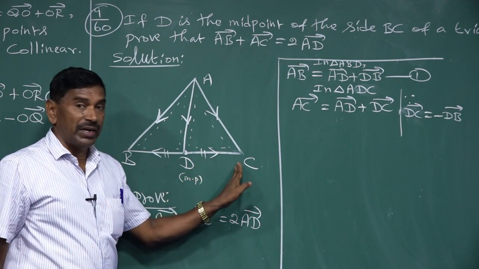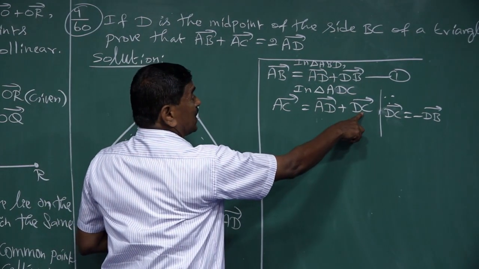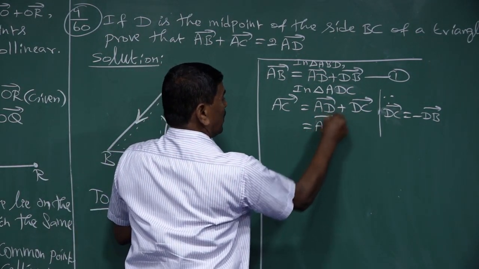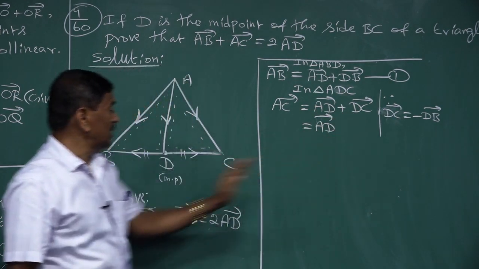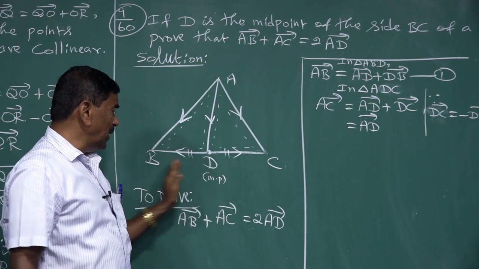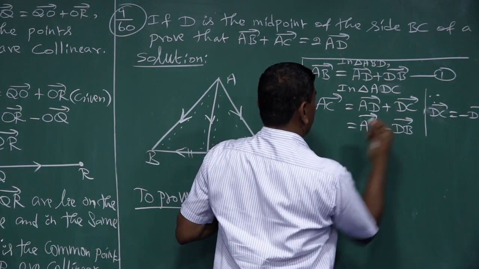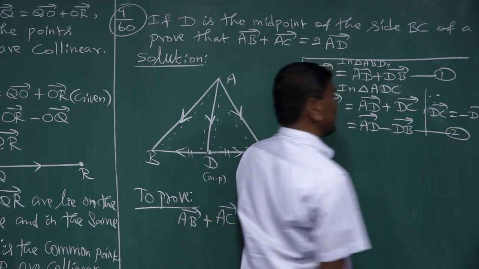Therefore, DC vector is equal to minus DB vector. So write AC vector equal to AD vector plus DC vector, which is AD vector, as it is, plus minus DB vector. Let it be the second equation.